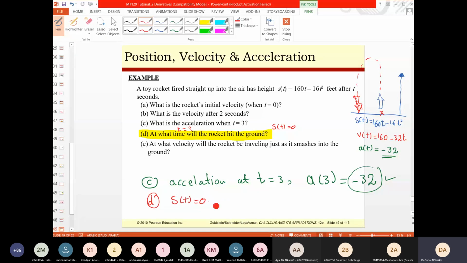This means S of t is 160t minus 16t squared. I want it to be 0. Solve it now. We take 16 as a common factor. We take t as a common factor. We remain with 10 minus t equal to 0. Right?